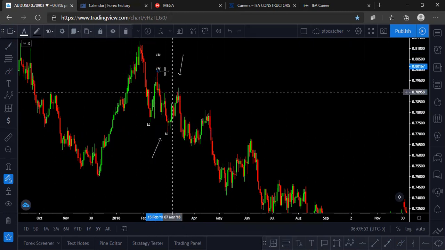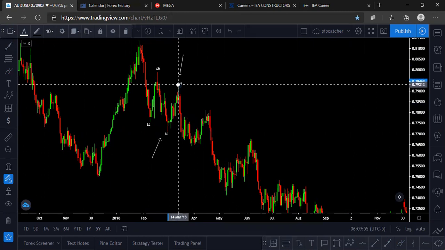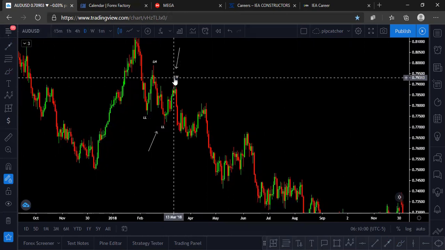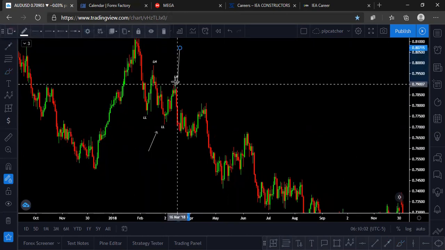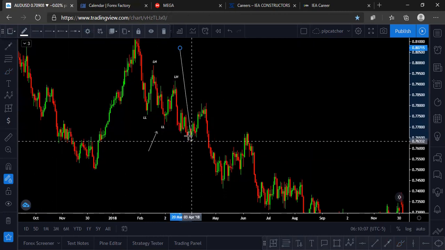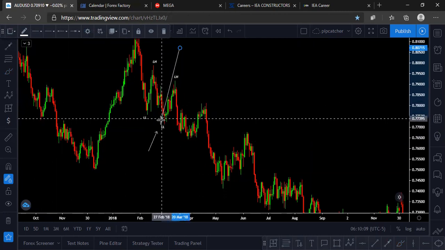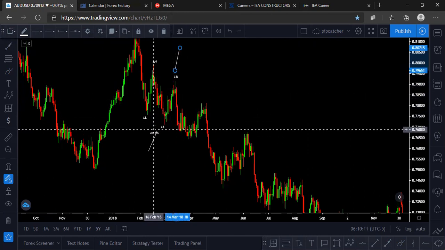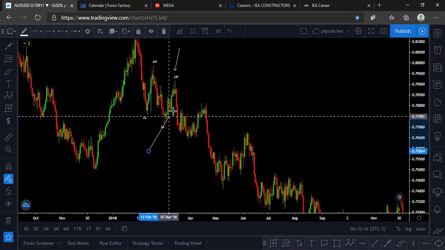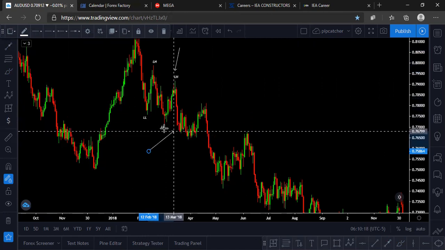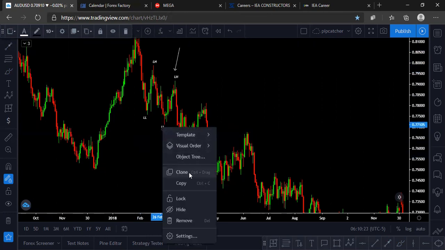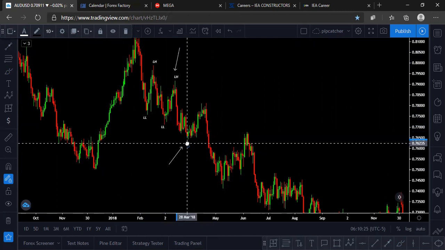So now we have a new lower high in the market. Now what happens here? After this lower high is formed, price trades to the downside, breaking this structure right here. So after breaking this structure, we create a new lower low in this area right here.